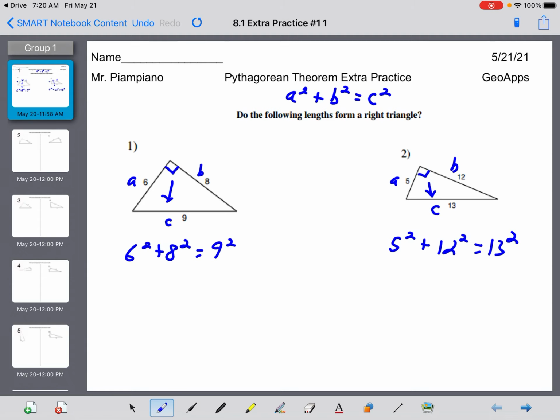Okay, so 6 squared is 36. 8 squared is 64. And 9 squared is 81. Well, 36 and 64 make 100, which certainly does not equal 81. So that is not a right triangle.